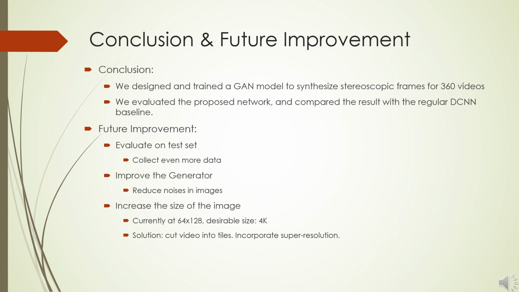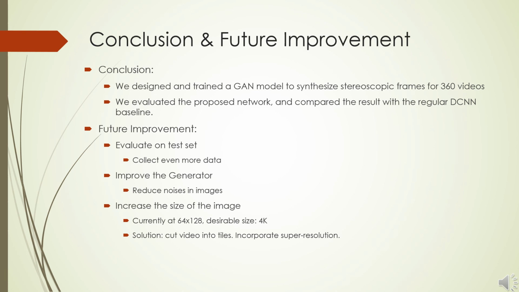Secondly, we want to improve the generator, either by changing its architecture or training procedure, to reduce the noise in the images. And lastly, we want to increase the size of the output. Currently, the output is 64 by 128. This is because of the limited time in this project.